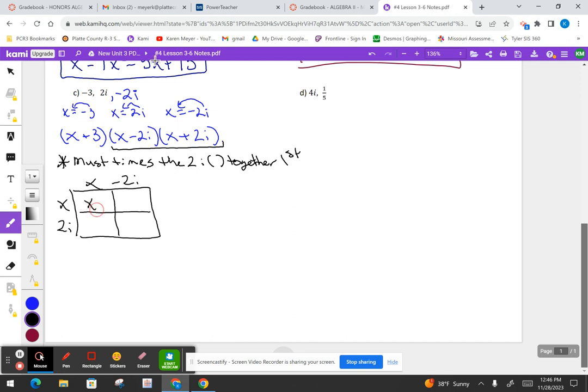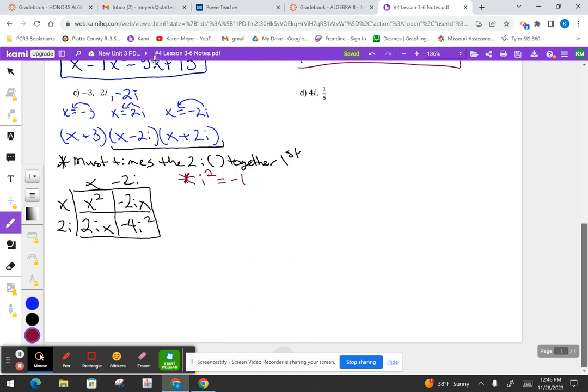So then I get x squared minus 2ix positive 2ix, and negative 4i squared. Now I'm going to put a little star here too because something else we have to remember from unit 2, i squared equals negative 1.